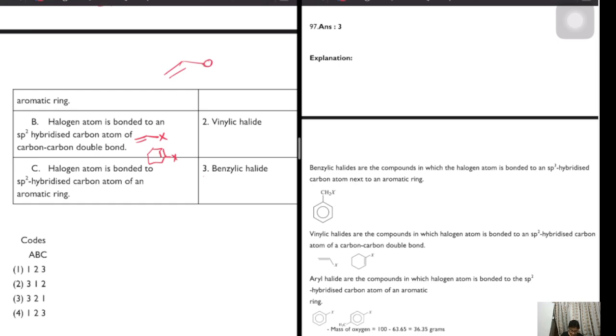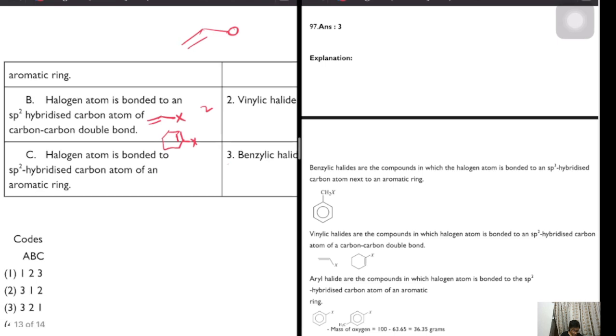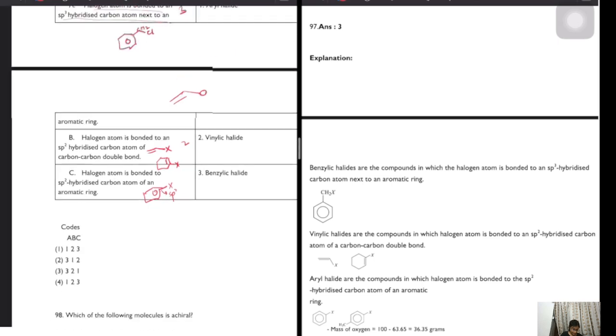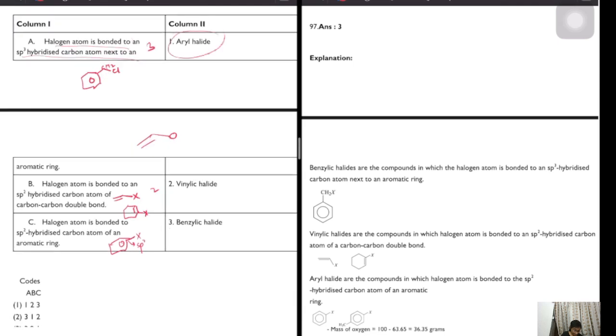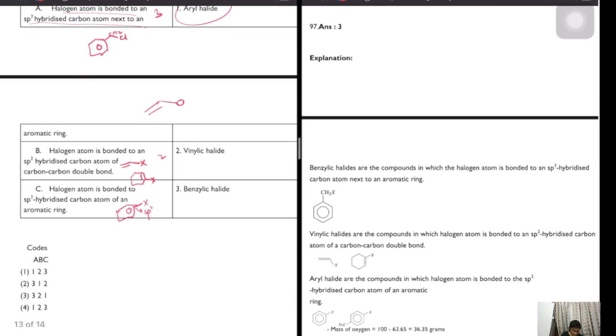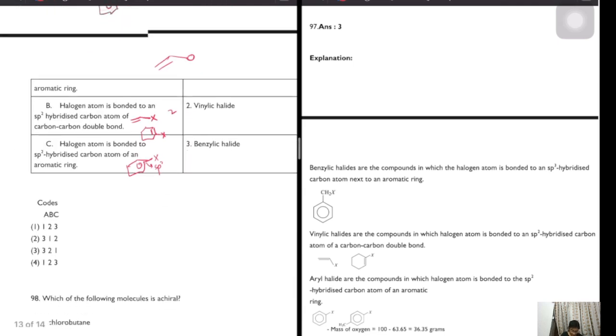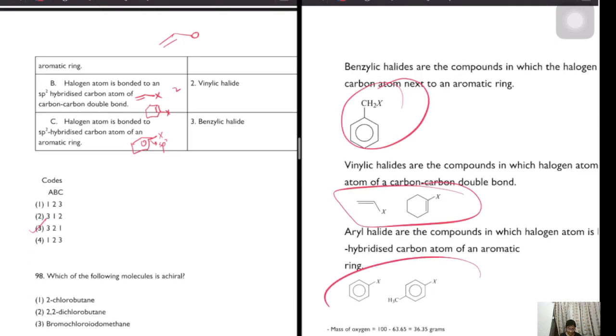So this is vinylic. So now the last one, halogen is attached to sp2 carbon of the ring. This is sp2. This is aryl halide. Okay. So the answer would be 3. This is benzylic, this is vinylic, and this is aryl.